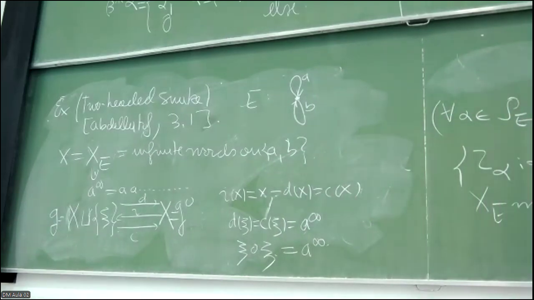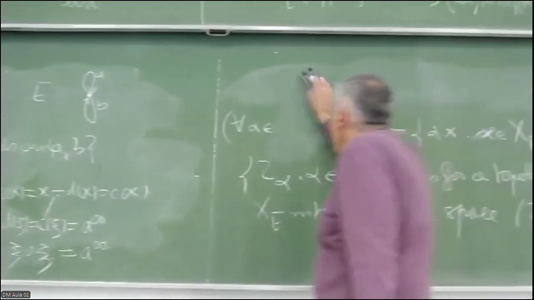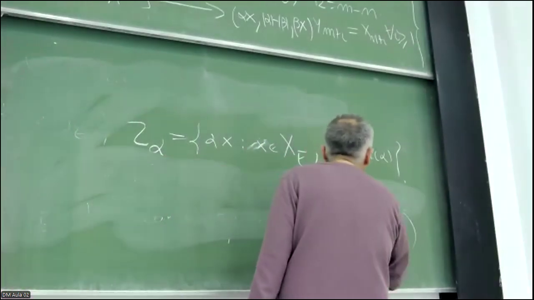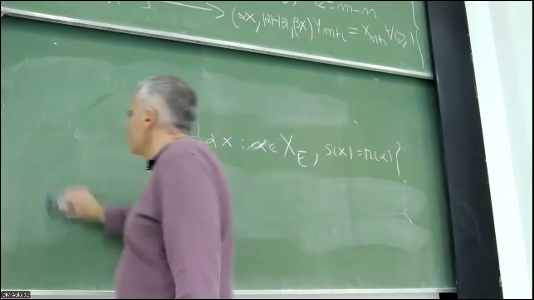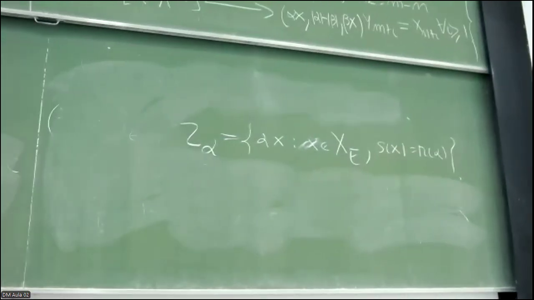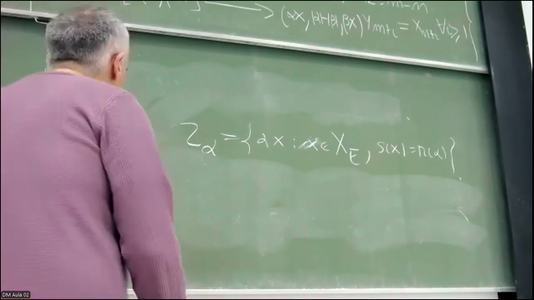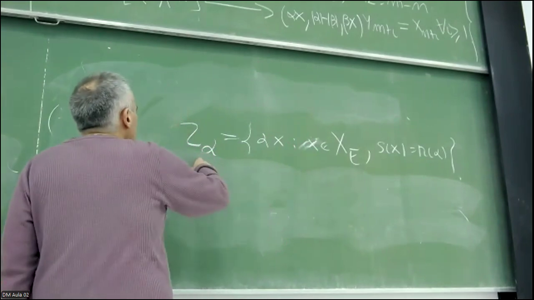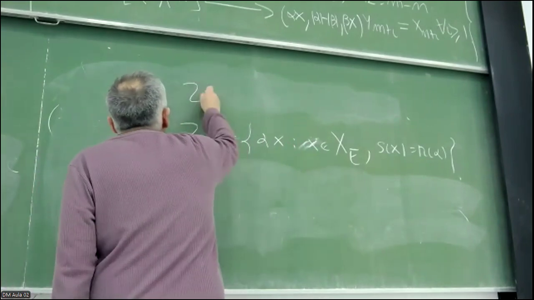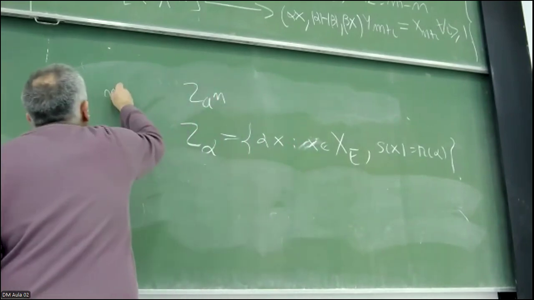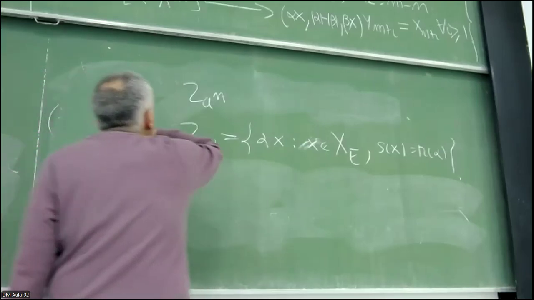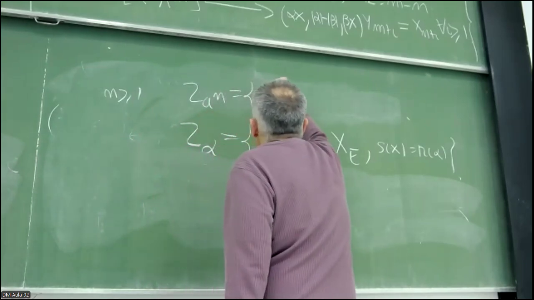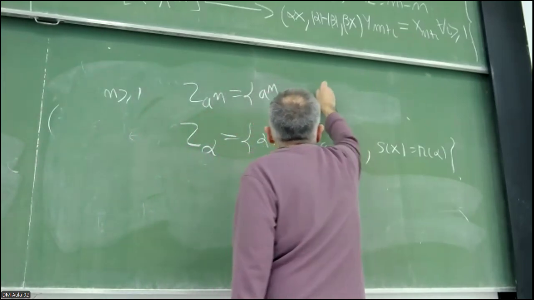Right, so I now have to give a topology. Recall that on X_E we had this topology for any path alpha, which is any word alpha. In particular, for n bigger or equal than 1, I have Z(A^n), which is the strings of the form A^n x with x in X_E.